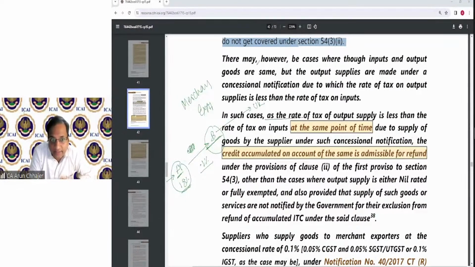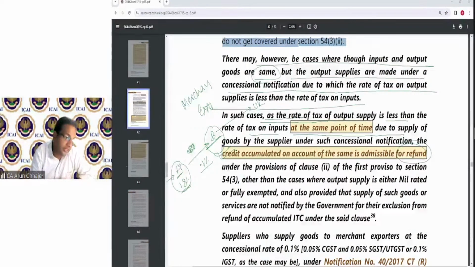However, in the case where input and output goods are same, but the output is made under concessional notification due to which the rate of the tax on output is lower, then in such case, as the rate of the tax is lesser on sale, the rate of the tax on input at the same point of time पर different है. ठीक है, तो इन्होंने कहा कि क्रेडिट एक्यूमुलेट विल बी एडमिसिबल फॉर रिफंड.